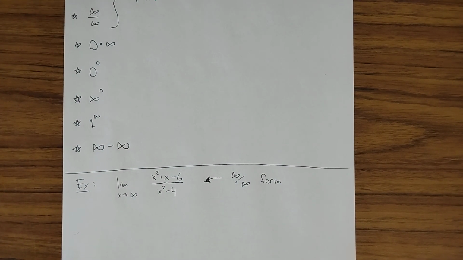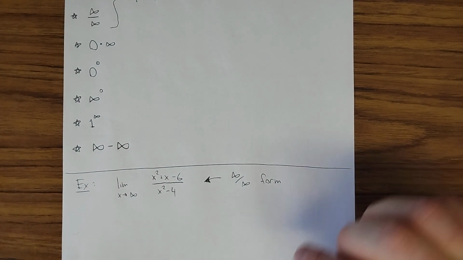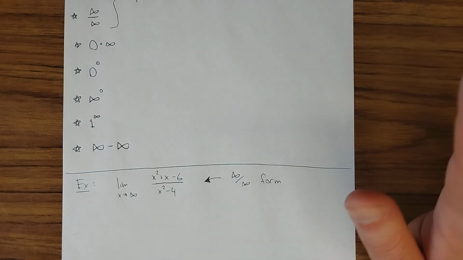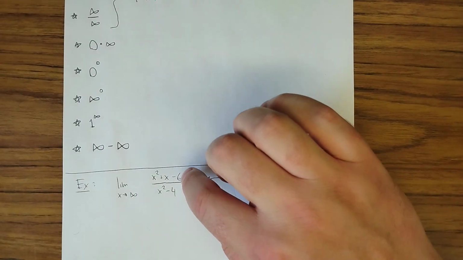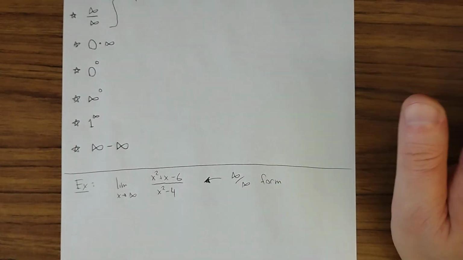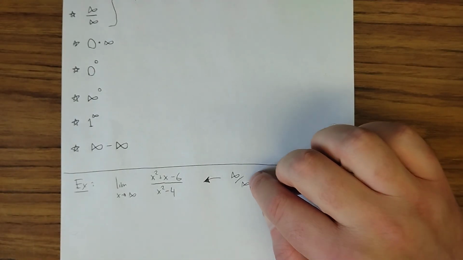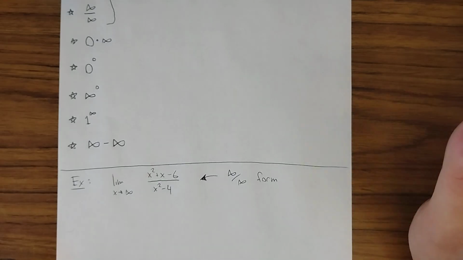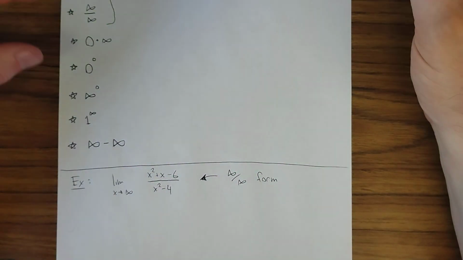So this is an infinity over infinity form. And it's important that I write that because I'm about to use L'Hopital's rule, and L'Hopital's rule only applies if it's a 0 over 0 form or an infinity over infinity form. So if you use L'Hopital's rule, I want you to write something like this, just indicating that you checked that L'Hopital's rule actually applies.